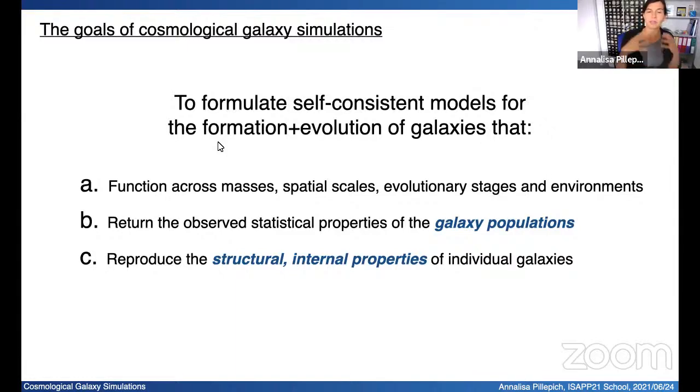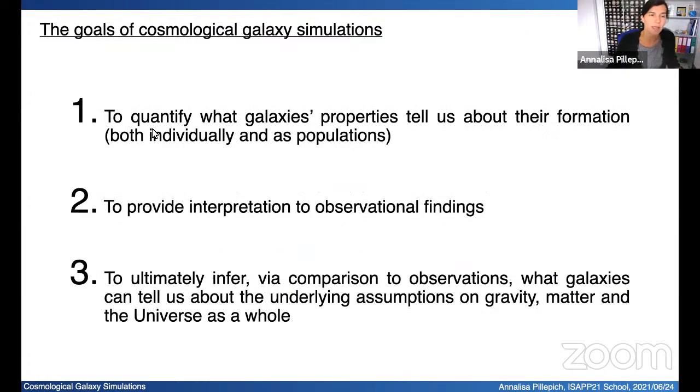Meaning they have to return observed statistical properties of galaxy populations, but also physical properties of galaxies at the subgalactic scales, as the ones we are observing these days in the sky. And in turn, if you are an astronomer, you want to use these models to quantify, say, what galaxy properties tell us about their formation, or to provide interpretation to astronomical observations.